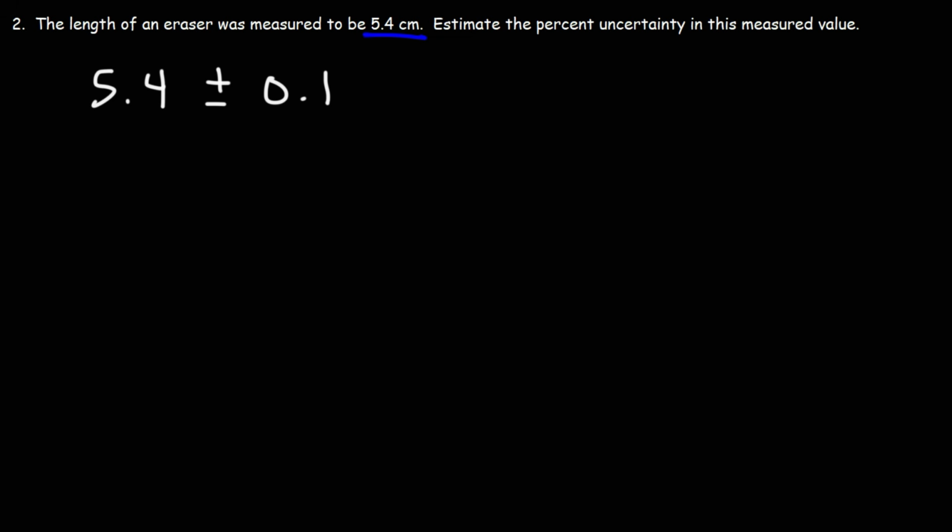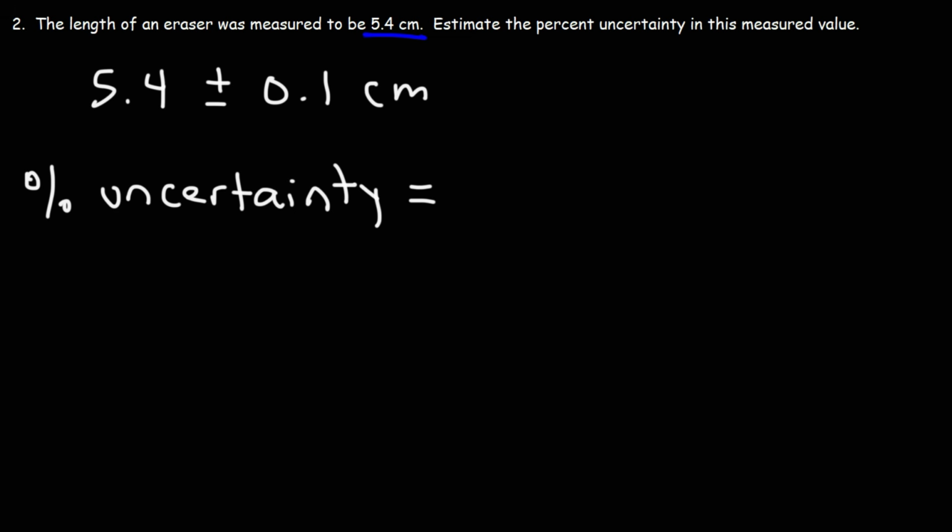So the best number to pick, the lowest number to pick, is going to be 0.1 centimeters. So that's our estimated, or our absolute uncertainty. Now that we have that, we can calculate the percent uncertainty. So that's going to be the absolute uncertainty, which is 0.1, divided by the measured value, which is 5.4, times 100%.